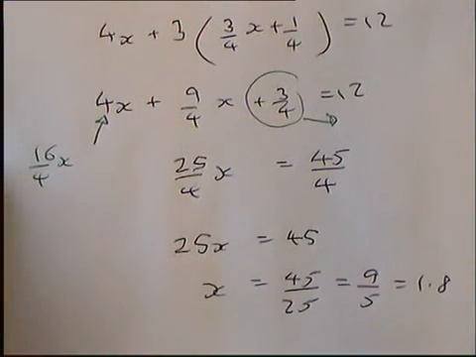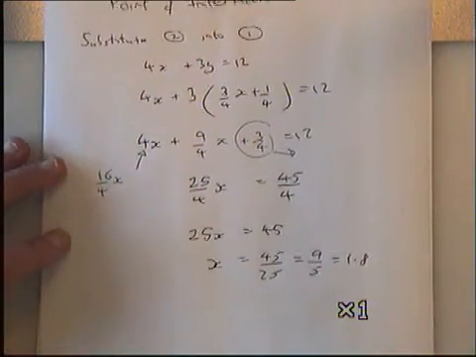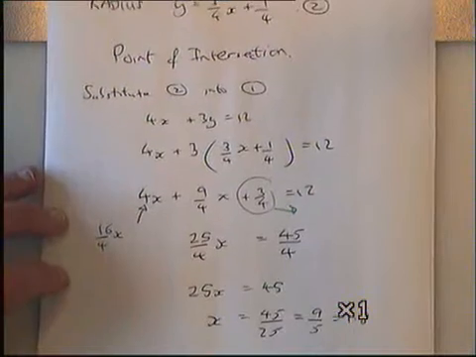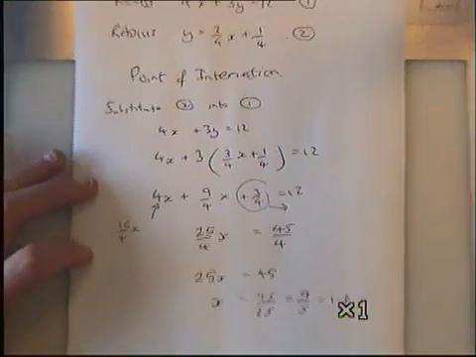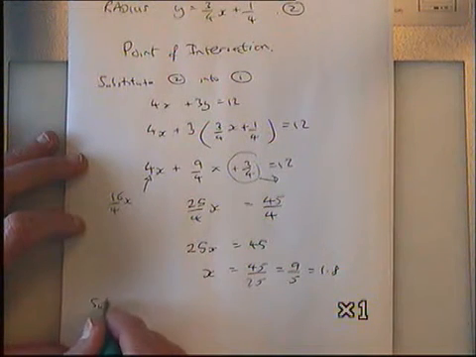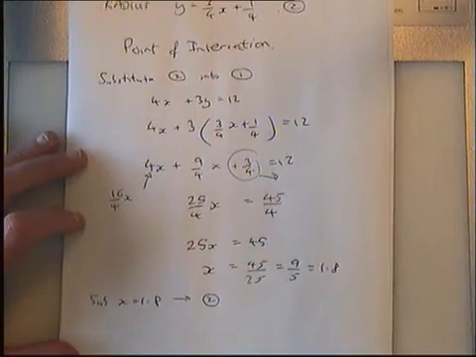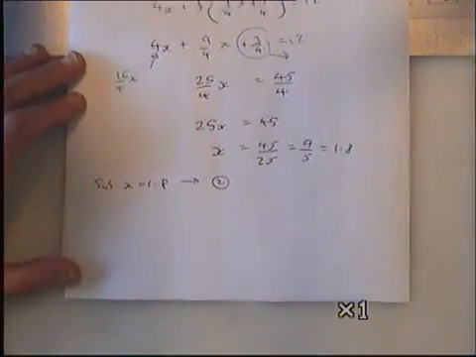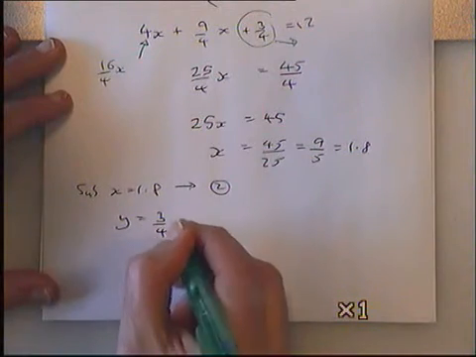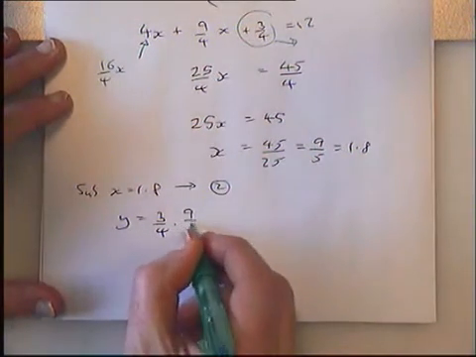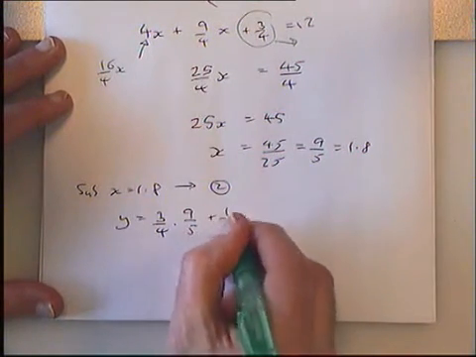So when you know its x coordinate, what else do we want to know? Its y coordinate. If we use what's at the top of the board up there, that's how we can work out y by substituting into that one. So if we substitute x equals 1.8 into what I called equation 2 from earlier, we will get y equals 3/4 of, I'm going to put it down as a fraction again because I've got a fraction here, 3/4 of x plus 1/4.